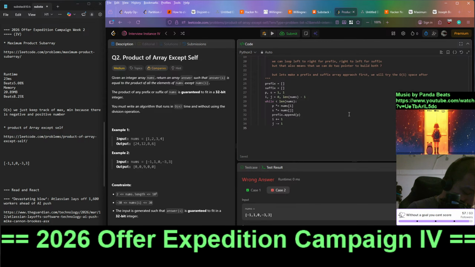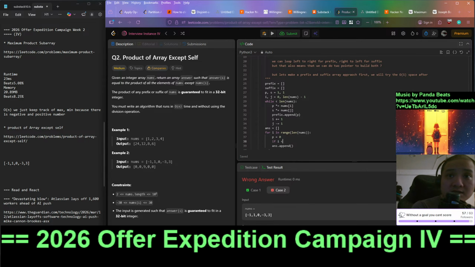So now for the answer, okay, for i in range of length nums, answer dot append basically prefix multiplied by suffix, right? Prefix is gonna start at 0.